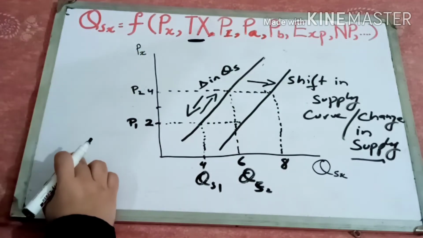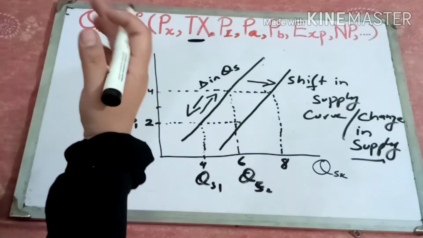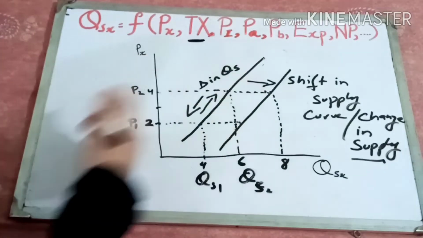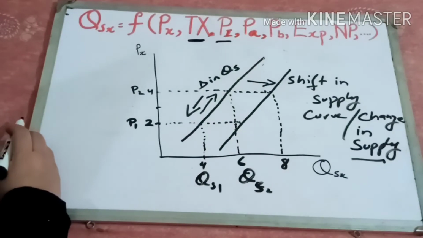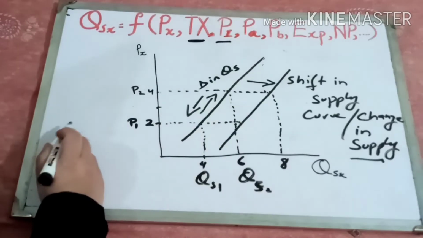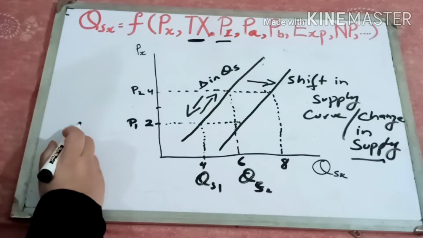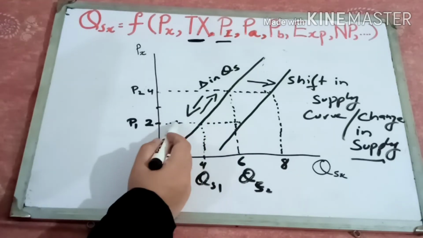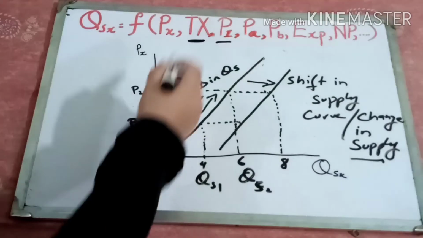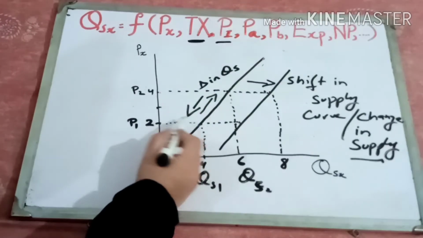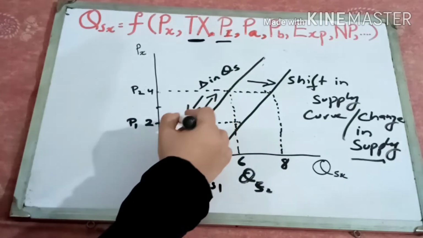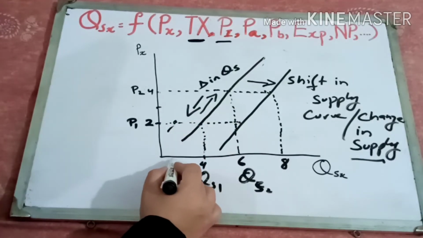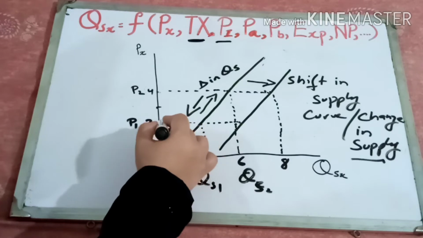Now let's suppose the price of the input is now increased. Due to this increase in the price of the input, at the same price the producers would be willing to supply, let's suppose, only 2 units of the product.